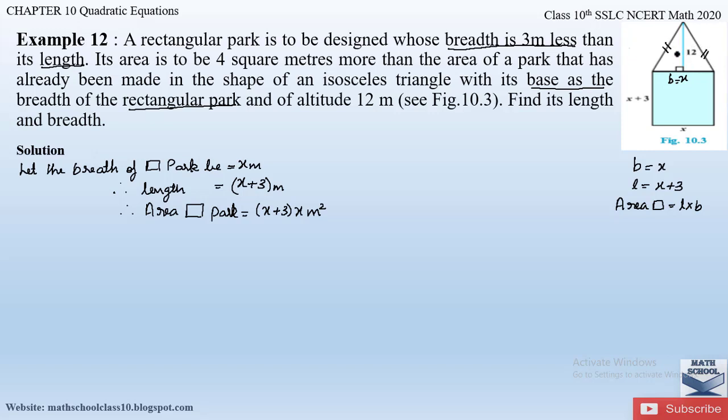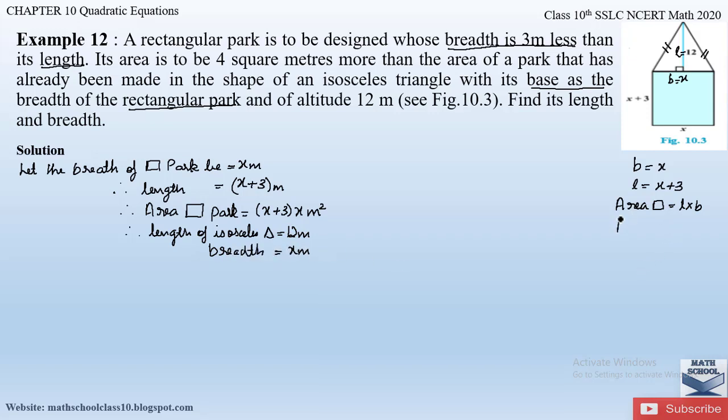The altitude is given as 12 meters. Therefore the altitude of the isosceles triangle is 12 meters and the base is x meters.